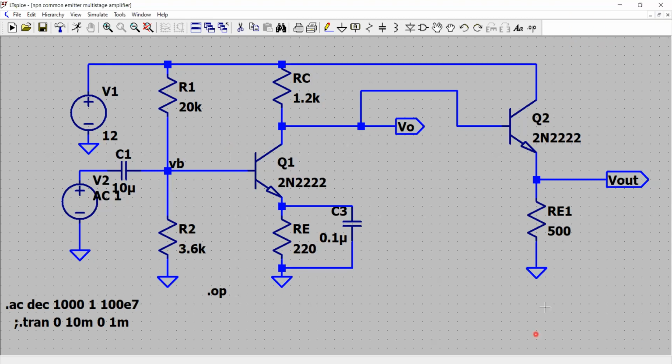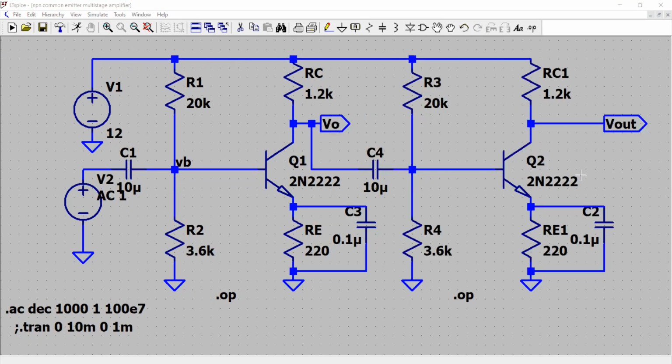You can see now, let me delete this part of the circuit, which I will do right now. Okay, so right now we have completed our circuit. So here you can see the complete multi-stage amplifier.